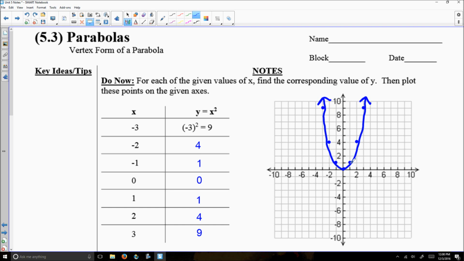And there's my parabola. Now, as we go through this video and you're taking notes, if you need to pause it at any time to write down what appears on the screen, please do so and then return to the video.